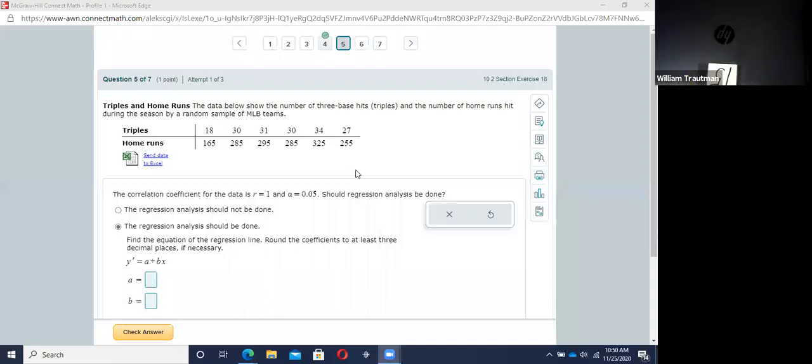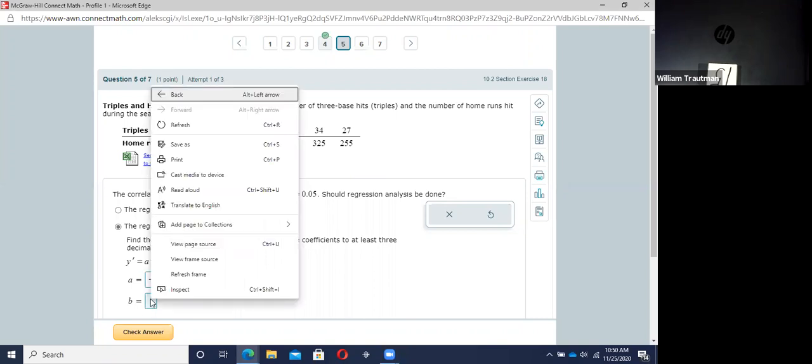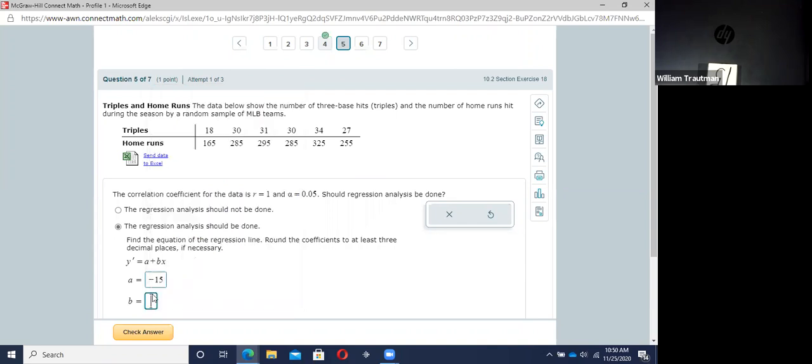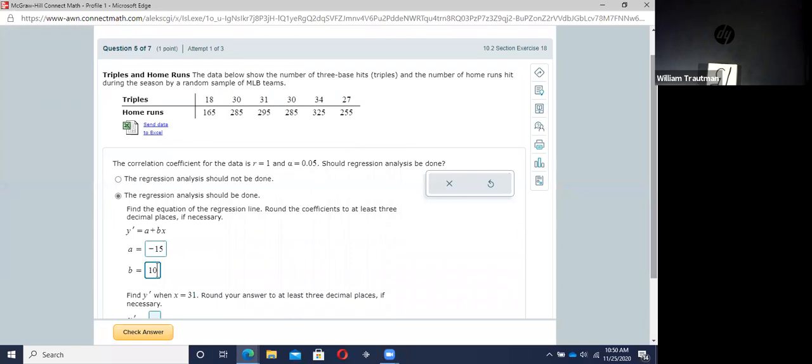So what I got on the calculator then: A, I got -15. B, I got 10. And this is what my equation then looks like.